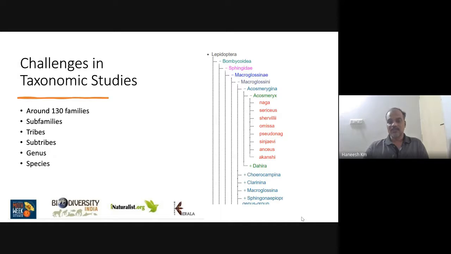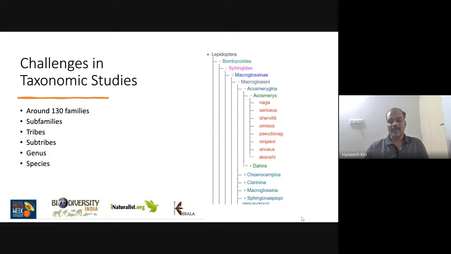Those moth families are divided into subfamilies, then into tribes, subtribes, different genera, and then into different species. It is quite complex, and we don't have that many specimens or records to say that this does not belong to this group and this belongs to the other group.